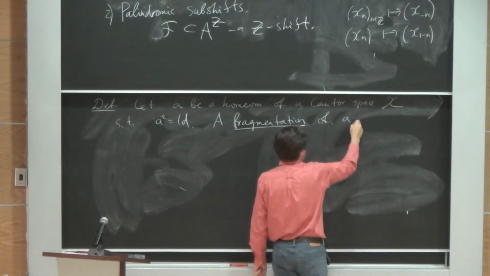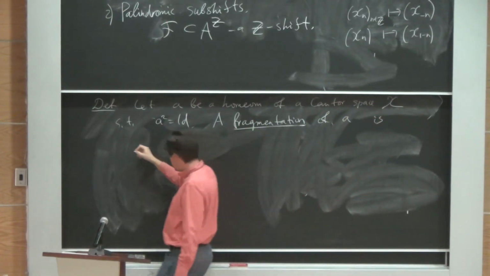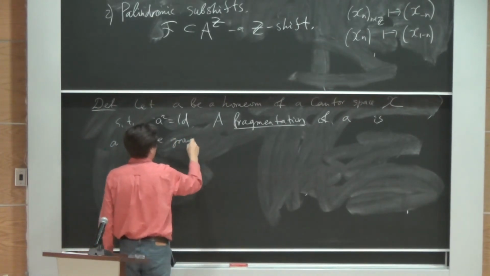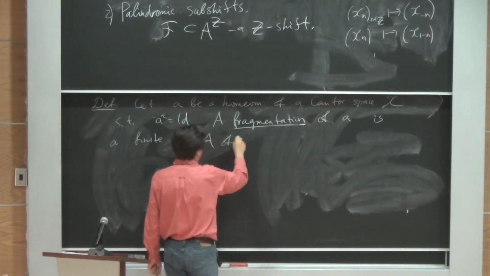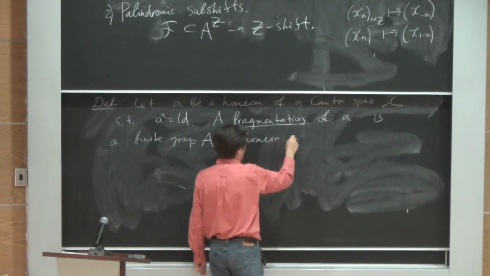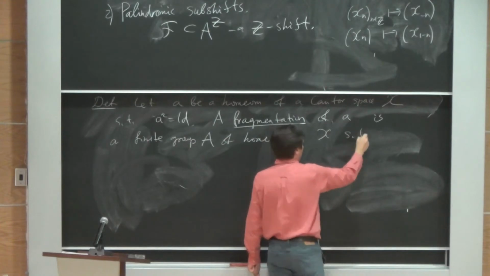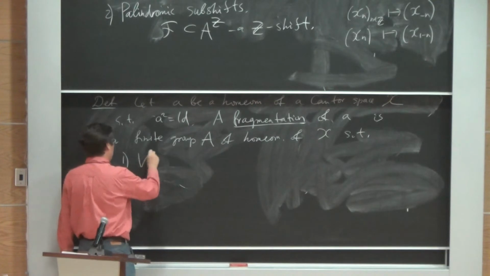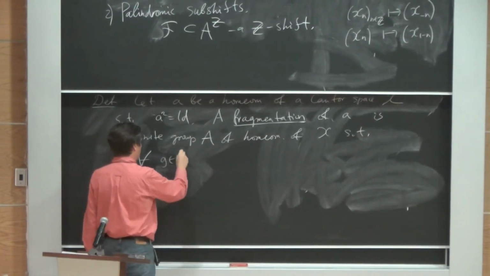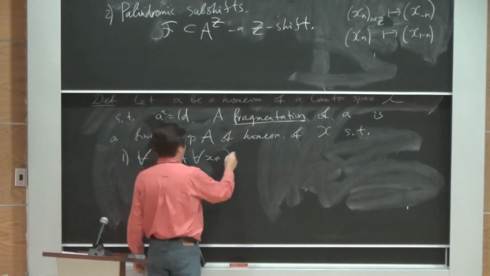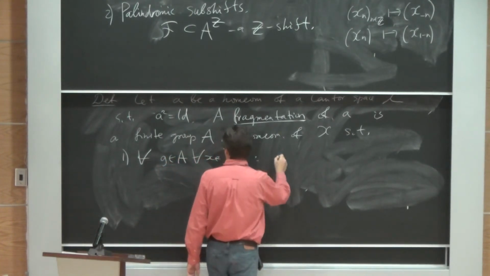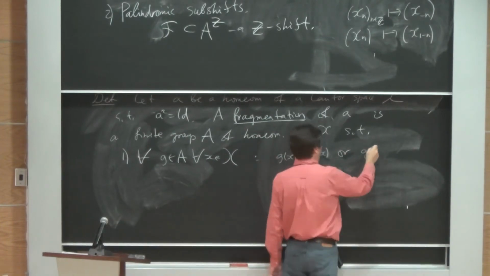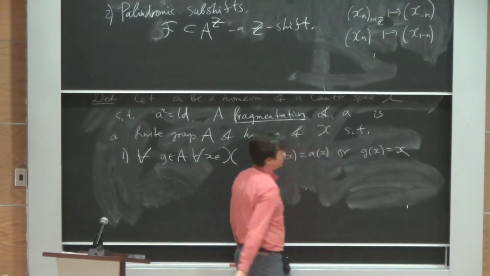A fragmentation of A is a finite group of homeomorphisms of X such that the following holds. First, for every G in the group and for every point x of the space X, G of x is A of x, or G of x is x.